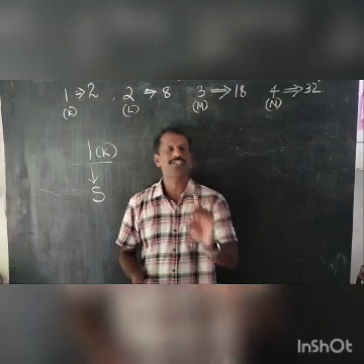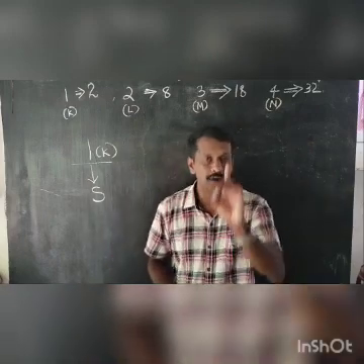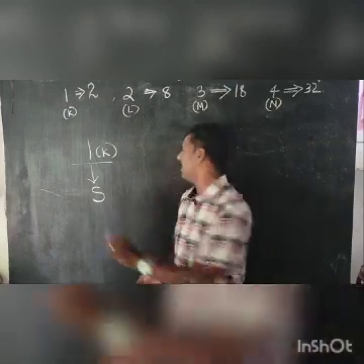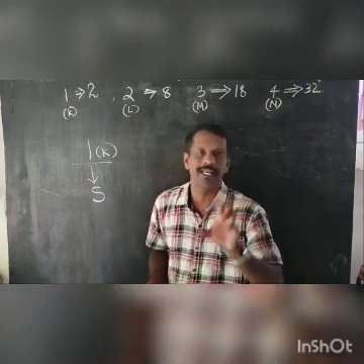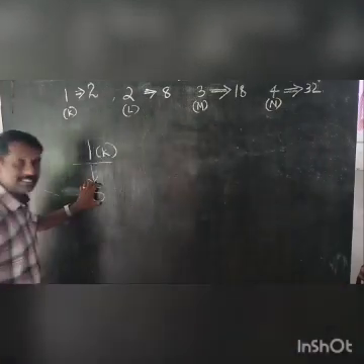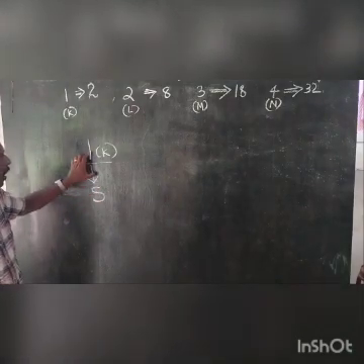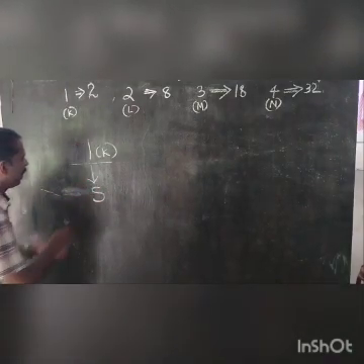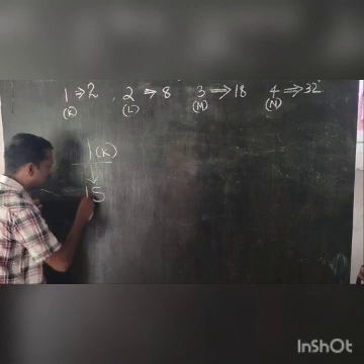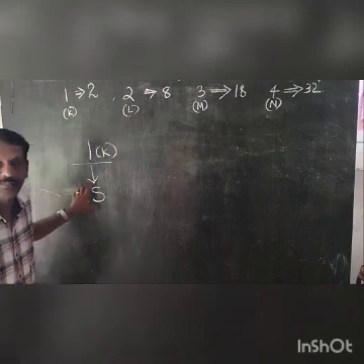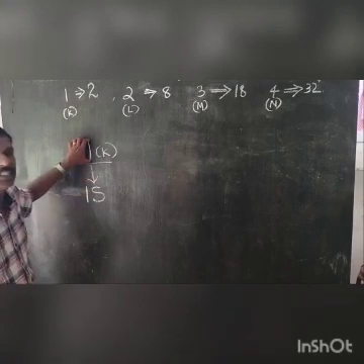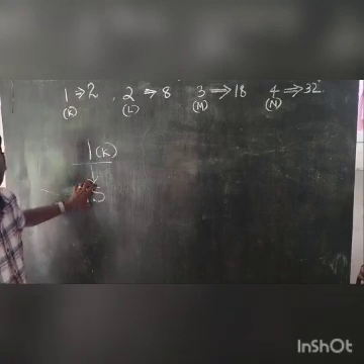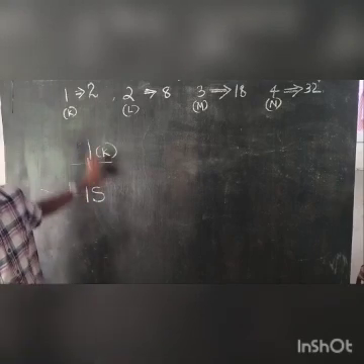Therefore, the first shell, K shell, has only one subshell, the S subshell. Since this S subshell belongs to the first shell, you can name it 1s. 1s means it is the subshell of the first shell, or the subshell of the K shell.